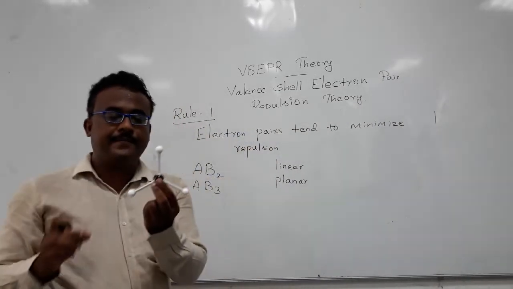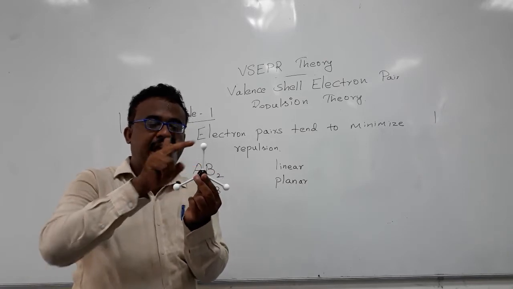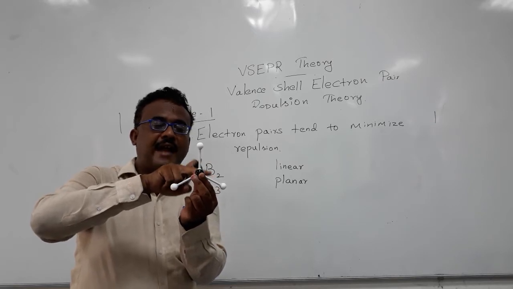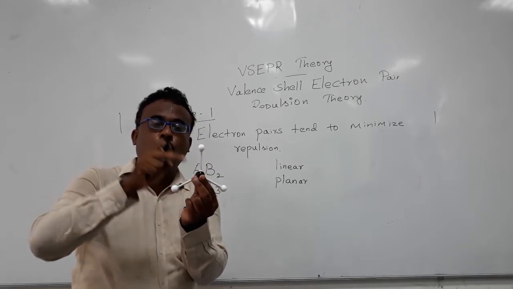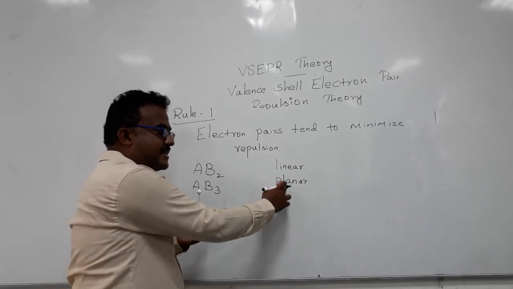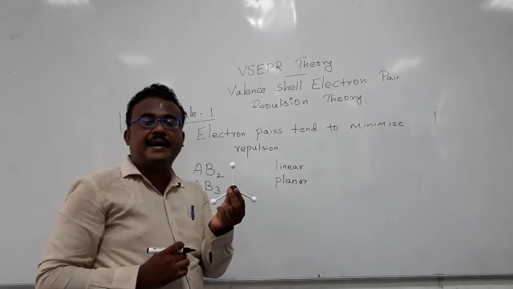You can see here, the central atom is attached with 3 atoms. These 3 bonded pairs are kept at 120 degrees apart to minimize their repulsion. If it attains the planar geometry, then it has minimum repulsion.